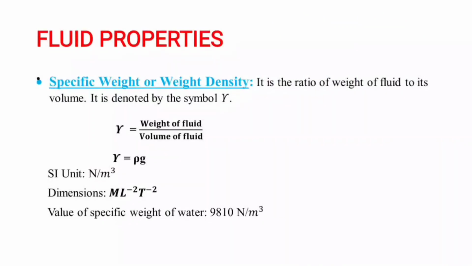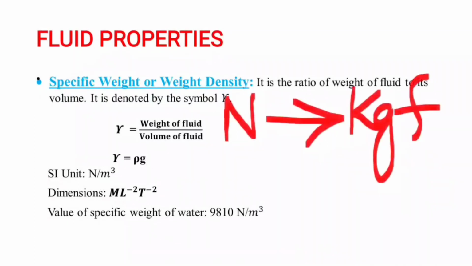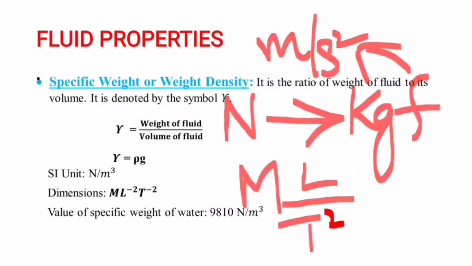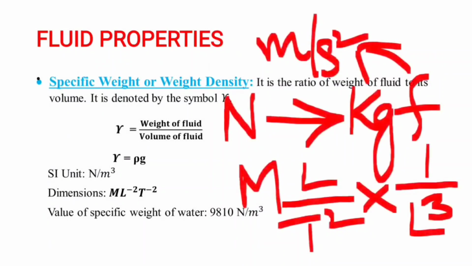The SI unit for weight density is Newton per meter cube. Newton in SI unit is converted into kgf in MKS unit. For the dimensions, kg f has units of meter per second square, so L by T square into 1 by L cube.